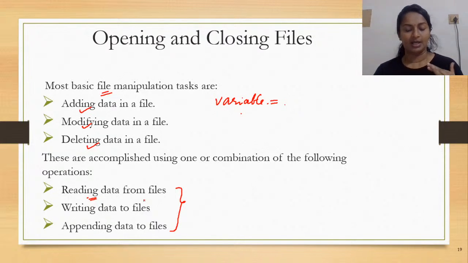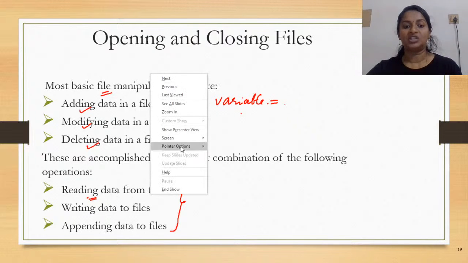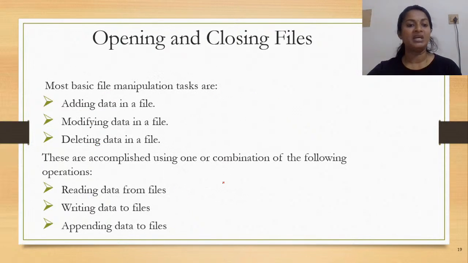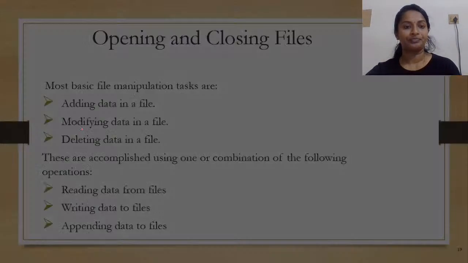Now, what is appending? Appending is adding your data to the tail end of the existing file. So these are the main operations that we will be performing on files.